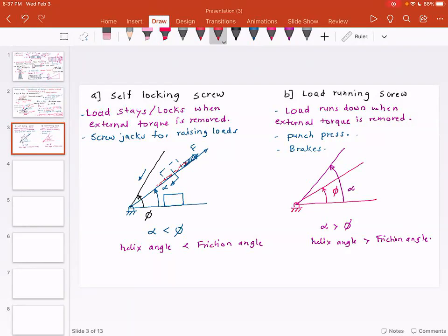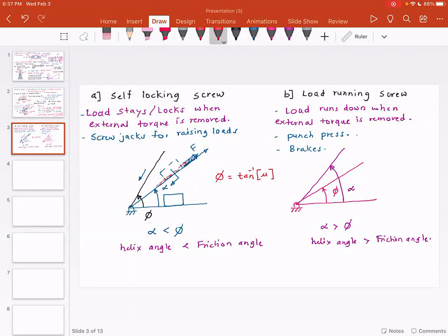And what it does, it effectively decreases the friction angle. As friction angle is tan inverse of coefficient of friction, as the coefficient of friction is decreased, friction angle is decreased, and then in that particular case, self-locking screw becomes a load running screw.